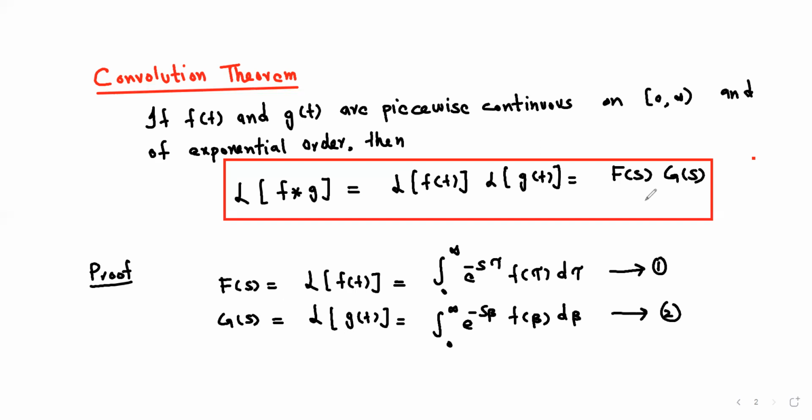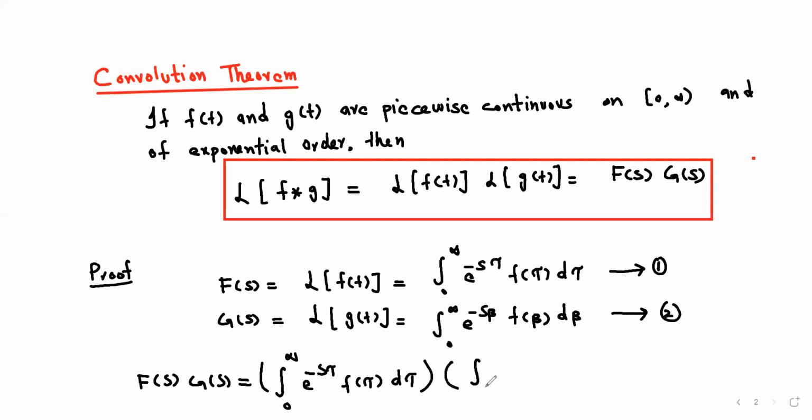Now the product F of s G of s is the product of these two integrals: the integral from 0 to infinity of e raised to power minus s tau, f of tau, d tau, and the integral from 0 to infinity of e raised to power minus s beta, g of beta, d beta.